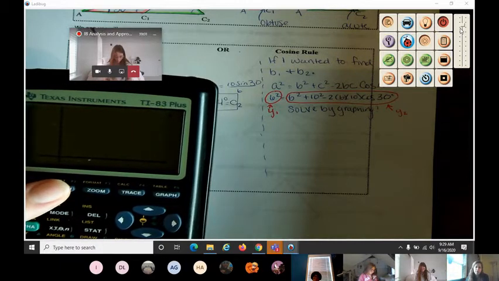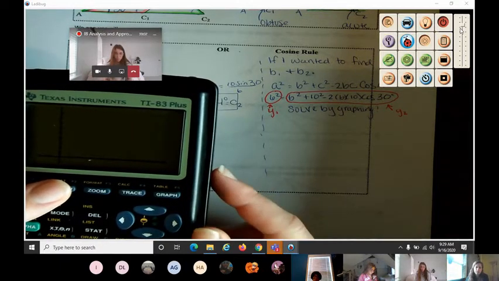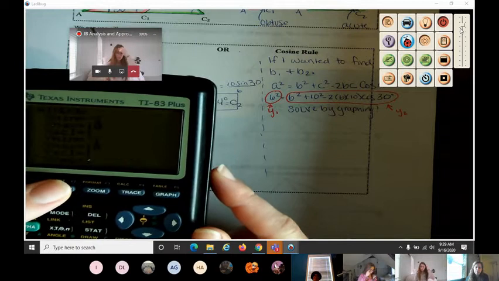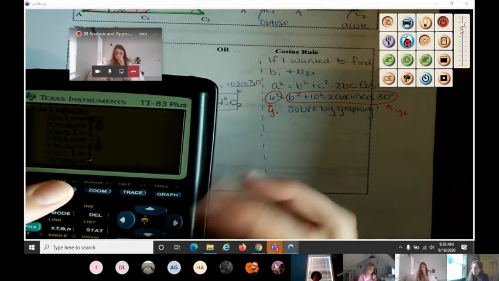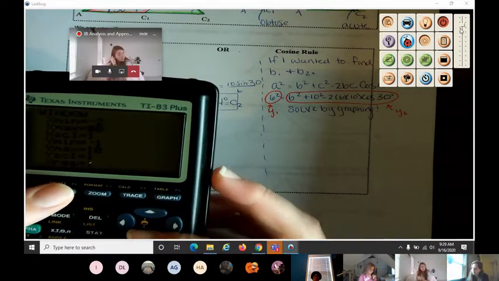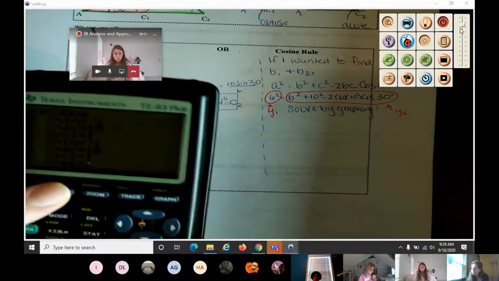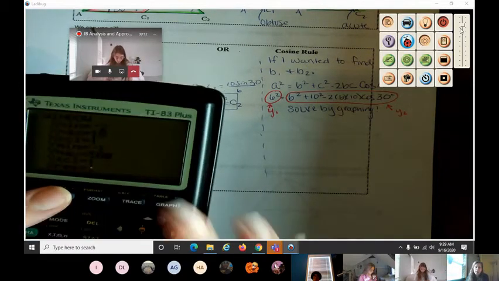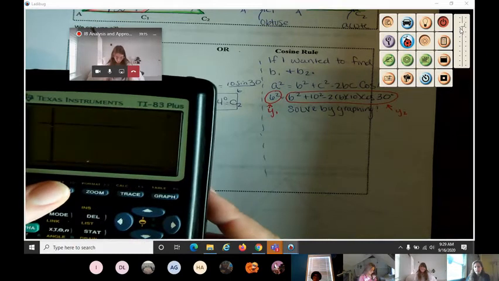So I want my X max to be like 15. Maybe this needs to be like 50. There we go.